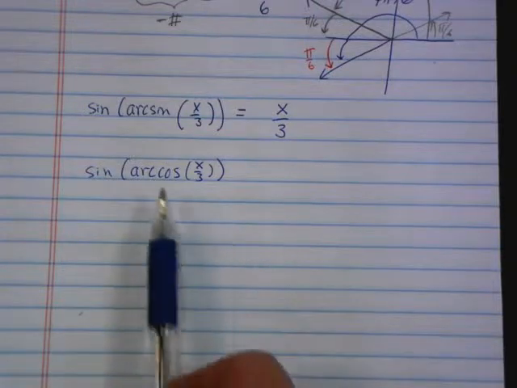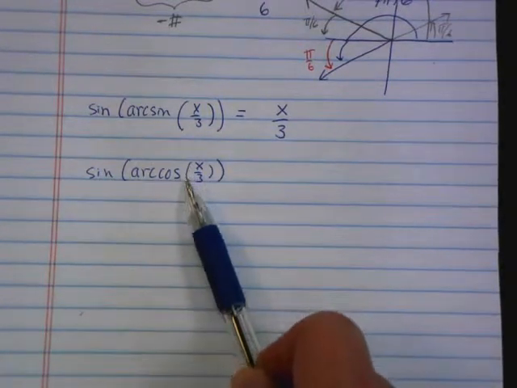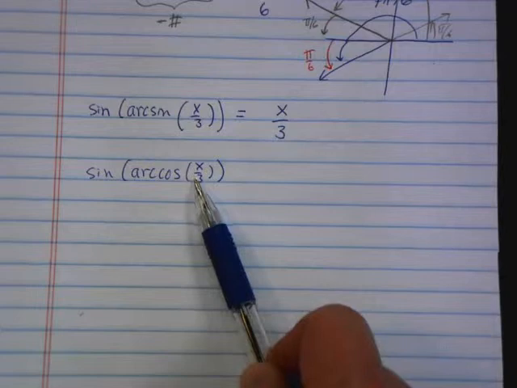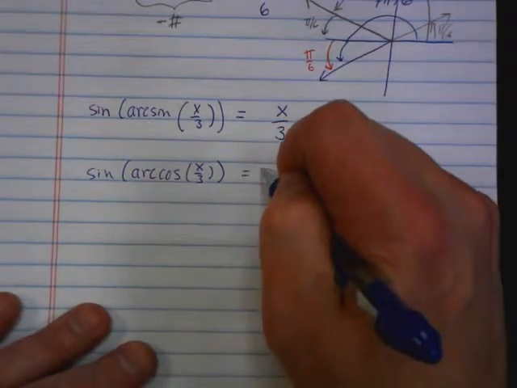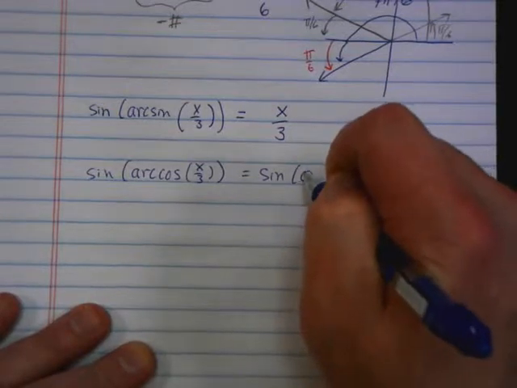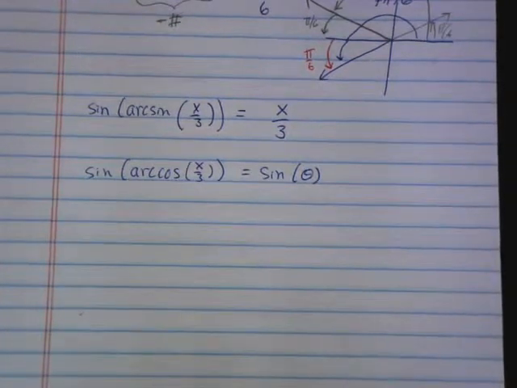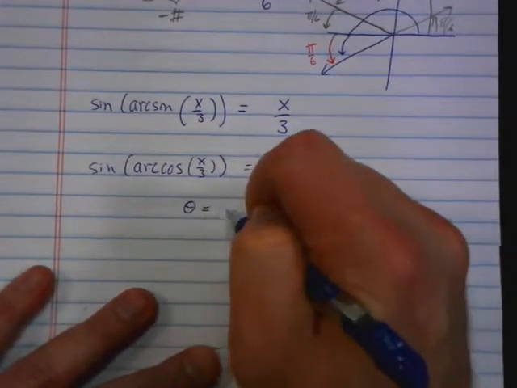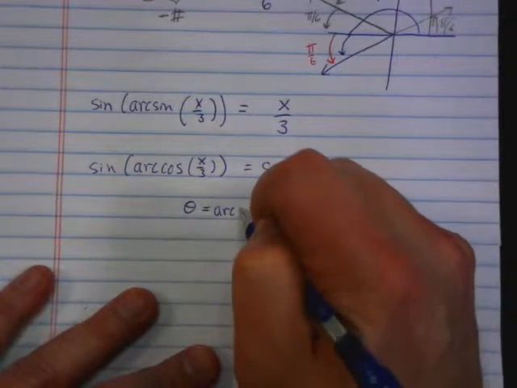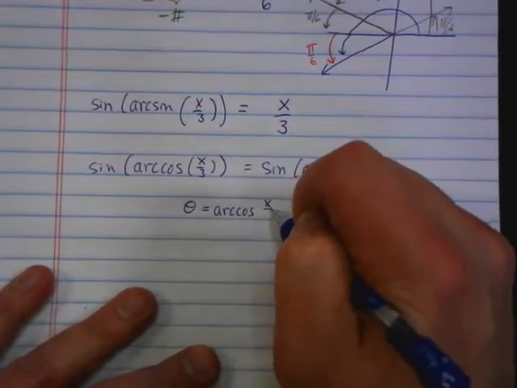All right, well, what does arc cosine do? Arc cosine takes a number, and it gives you an angle back. So this is sine of some angle theta. I don't know what the angle is yet. But I do know that theta is the arc cosine of x over 3, correct?